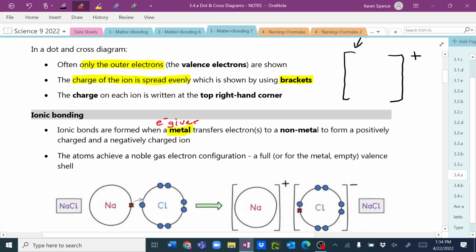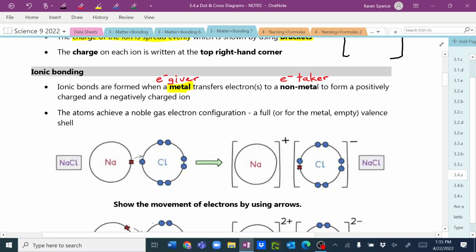When we show the process of ionic bond formation, one of the things that we need to do is show the movement of the electron.